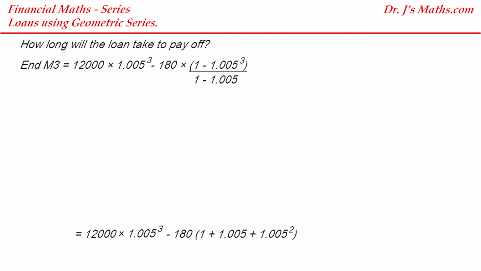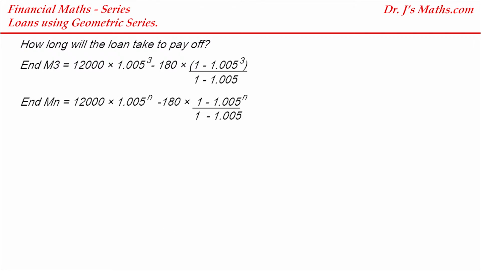At the end of month 3, we've got 12,000 times 1.005 cubed minus 180, which is the value outside of the brackets, and then we can simply do our sum of 3 terms using our normal approach of (1 minus 1.005 cubed) over (1 minus 1.005).